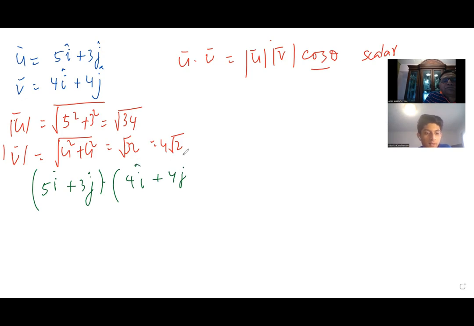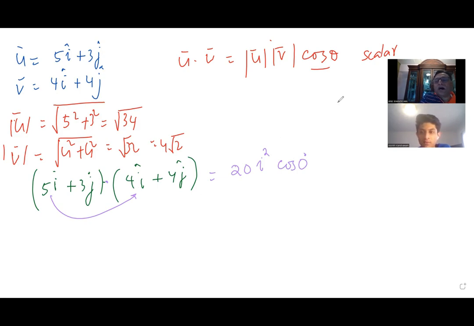If you apply the distributive property, what do you get? You get 5 times 4, 20, and i dot i, which is i squared. And what is the angle between i and i? Cos of 0 degrees. Do you understand? It's because it's the same vector.